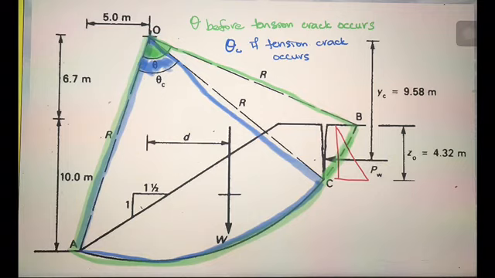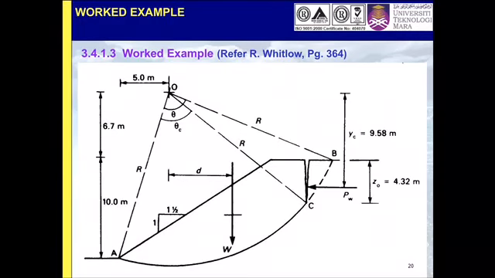The arc line for CB is not considered; you only consider the arc line from A to C, and your theta will be a new theta, which is AOC. And then you have to consider PW if there is water. If there is no water in the tension crack, there is no PW.